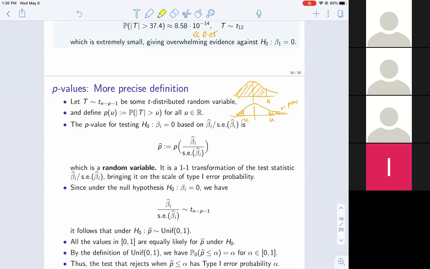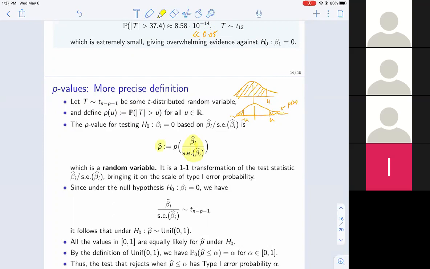So I have this function, and this is a deterministic function. You can compute it for any value of u, and you get a number. Then I apply this function to my t statistic, which is beta hat i divided by the SE of beta hat i. This is my test statistic. Applying the function gives us a new random variable, because what's inside is random and I'm putting it inside this function, so the result is random.